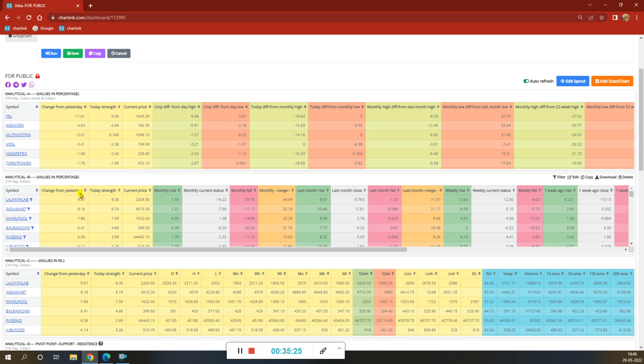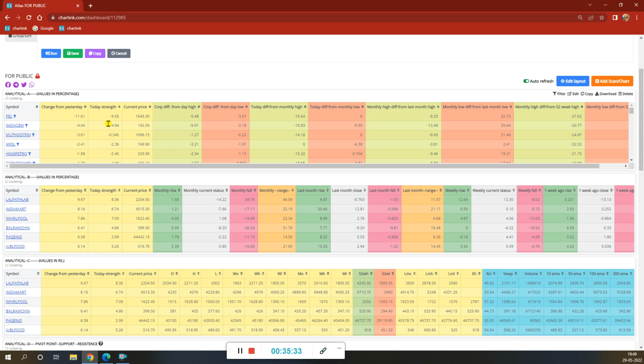Now this is change from yesterday, so the first three values would be similar: change from yesterday, today's strength, and current price. This is the pace which we need to know every day when the market is live, when the market is open, when you guys are trading.